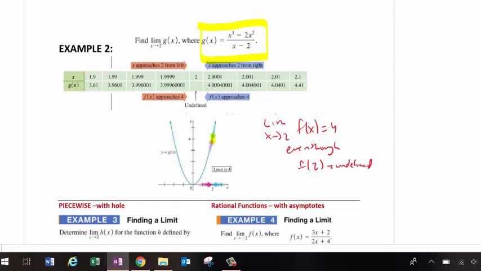So I need you to associate, it doesn't matter what's happening at the actual value we're looking at. And I noticed here I just put f, and in the problem above it says g. Sorry about that. But we're saying, what does the y value approach as we get closer, not what it's actually doing at that specific value. So I'm trying to kind of show you right now some of those exceptions to the rules.